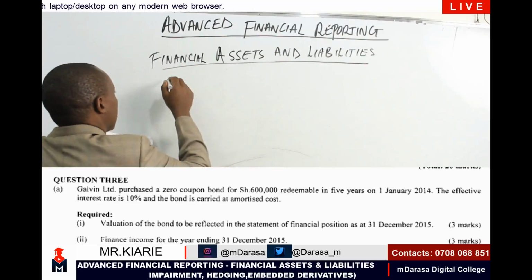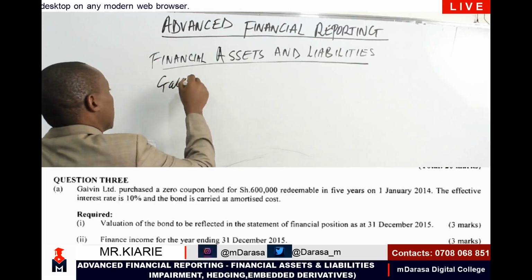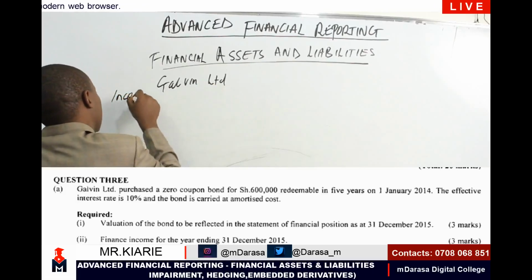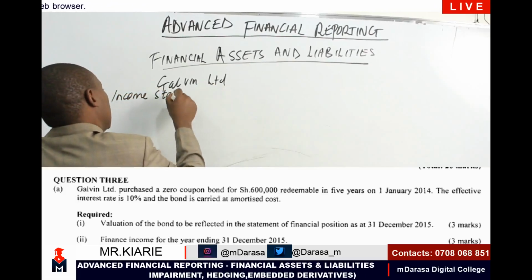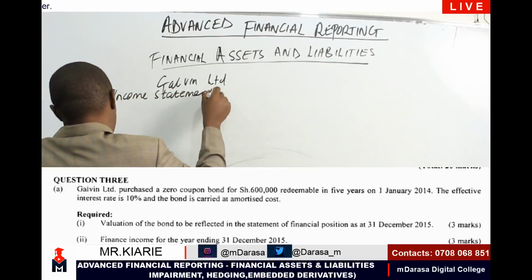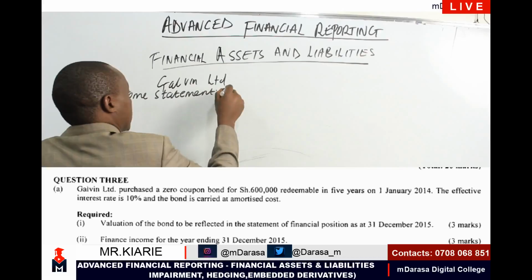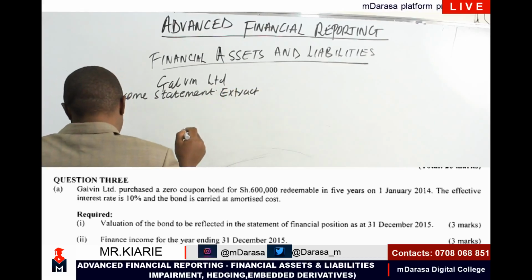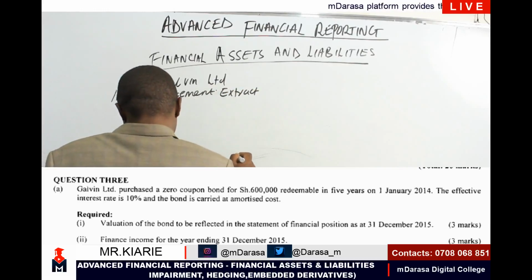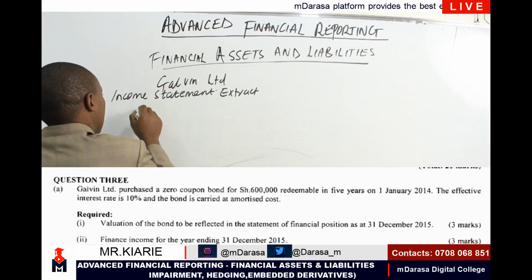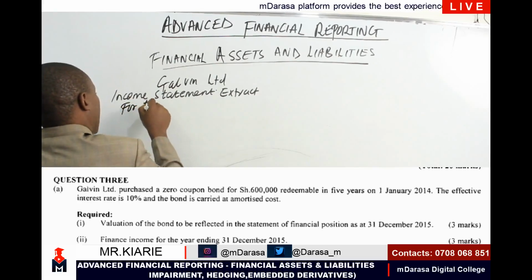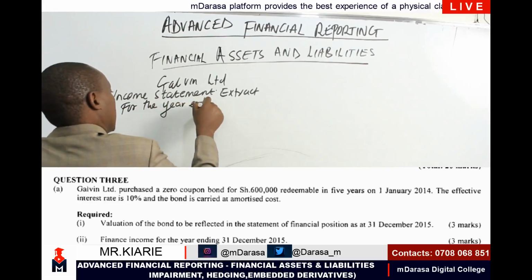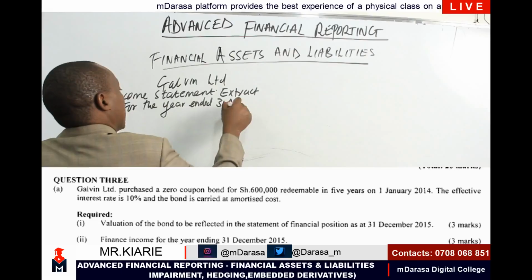So you write TP Limited, income statement extract for the year ended 31st December 2015.